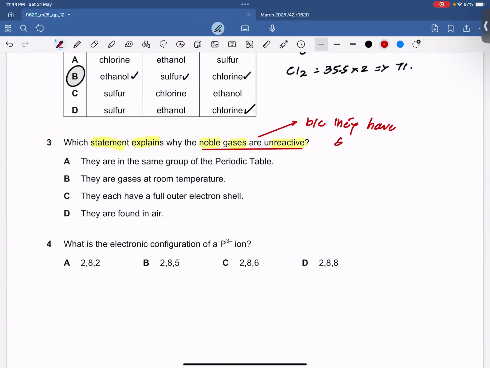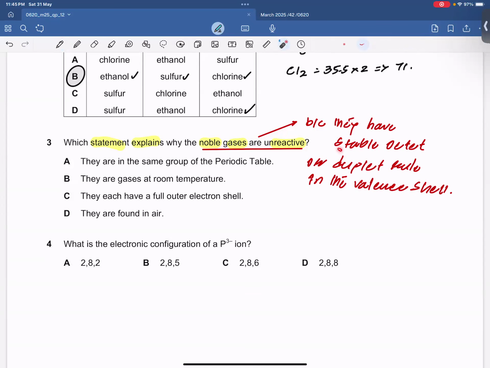Because they have a stable octet or duplet rule in the valence shell. Octet rule means 8 electrons in the valence shell. Duplet rule means 2 electrons in the valence shell, which means the outer shell is complete.